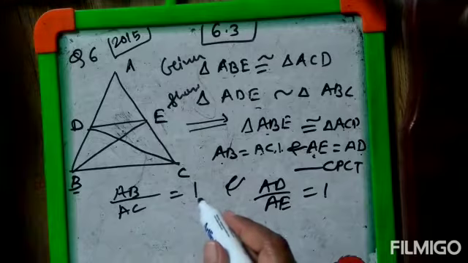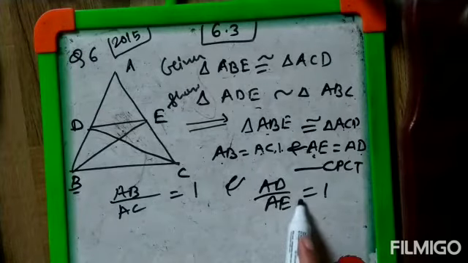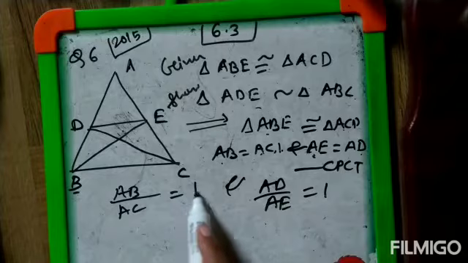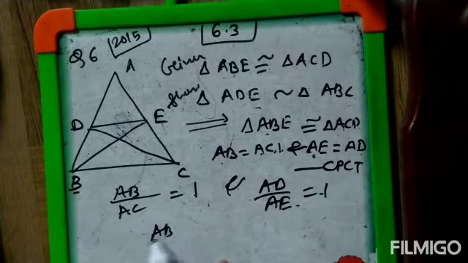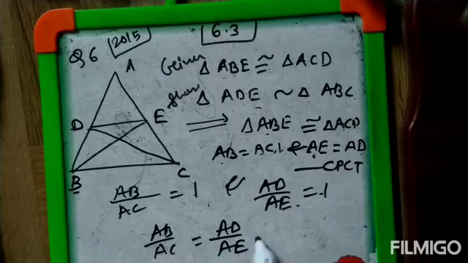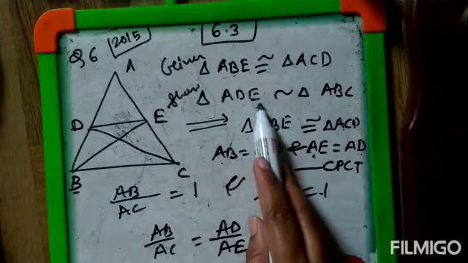So these two combine as one equation. Both RHS are equal to 1, so these two are equal to each other: AB upon AC is equal to AD upon AE. Equation number 1.